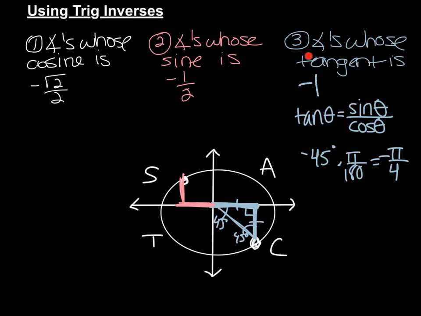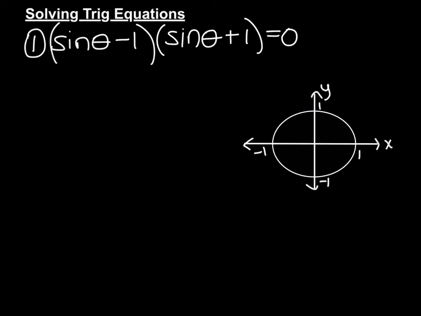Now again, tangent is an odd function because the tangent of a positive angle and the tangent of a negative angle are going to be the same distance, but if we have the tangent of a negative theta, it's going to negate the answer of whatever positive theta was. So sine and tangent are our two odd trig functions, and cosine is our even trig function.